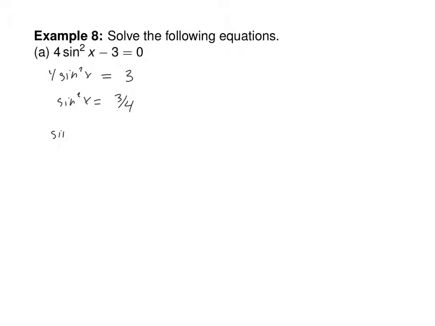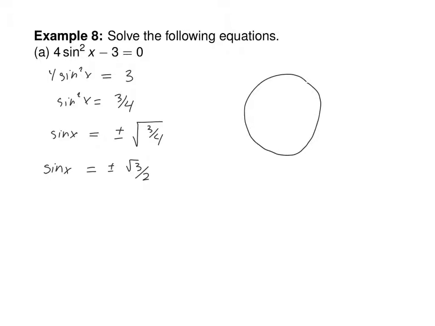And the one tricky thing here, don't forget the plus minus. Does that make sense? If you forget that, you're going to miss half of your answers. So sine of x is plus or minus root 3 over 2. Does that make sense?